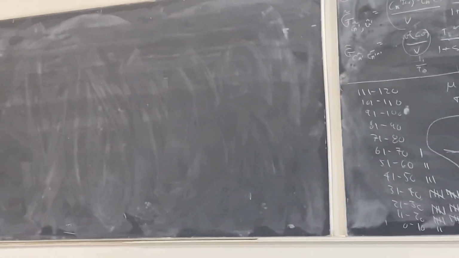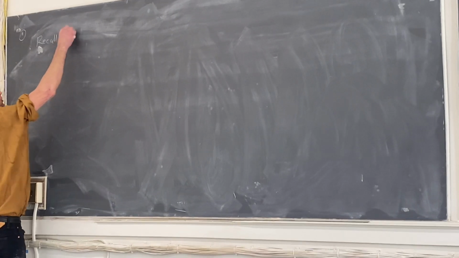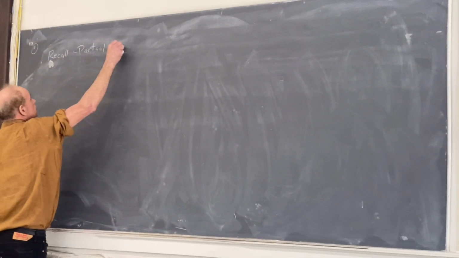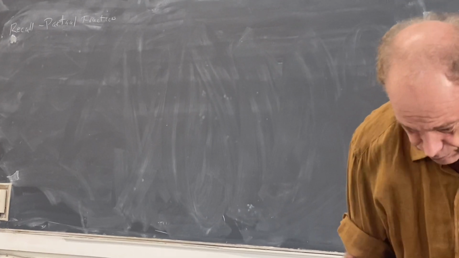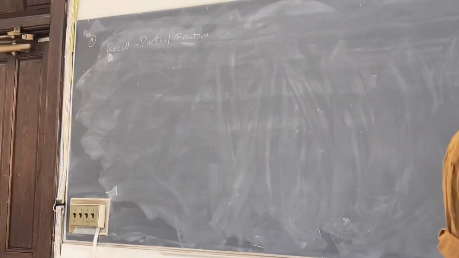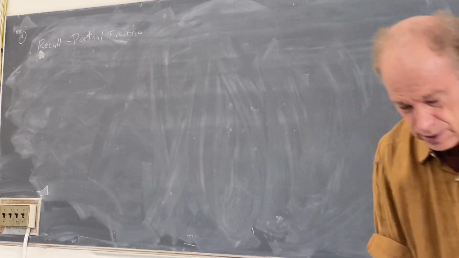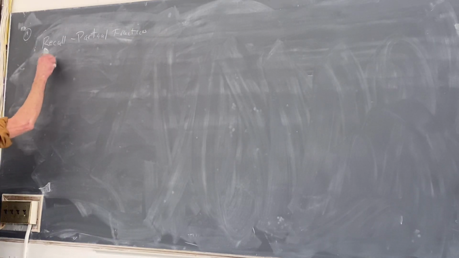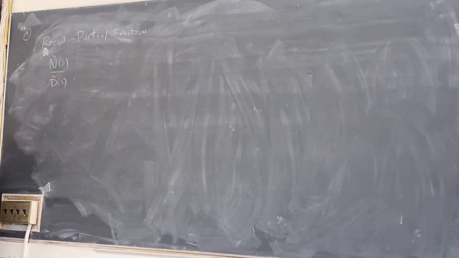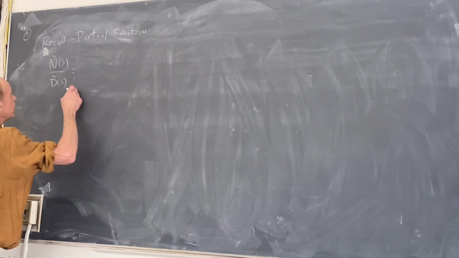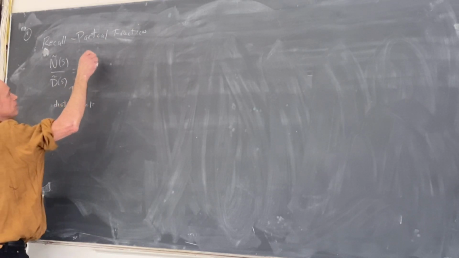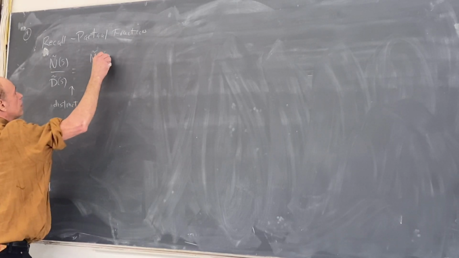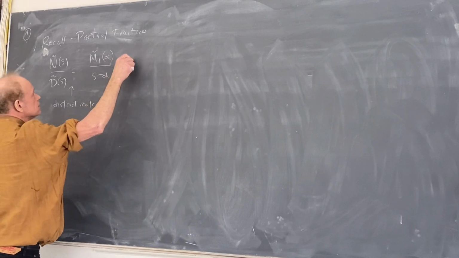Well, if you recall, when we did partial fractions, we typically had n tilde of S over d tilde of S, numerator over denominator, equal to, let's say when the roots were distinct, m1 tilde of alpha over S minus alpha plus something else.